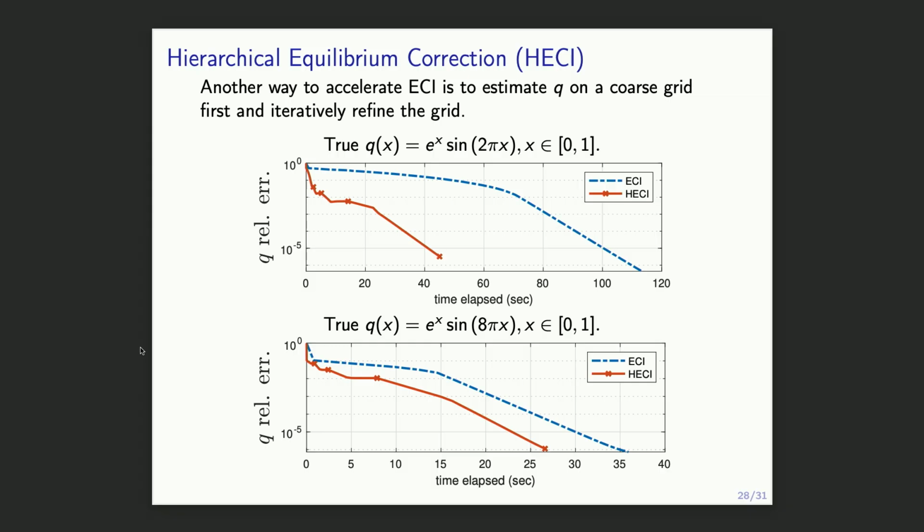For some low frequency ambient potential, if you directly run equilibrium correction on the fine grid, you will need much more iterations than recovering a high frequency ambient potential. But if you use the hierarchical equilibrium correction, this can greatly improve the efficiency of the algorithm.